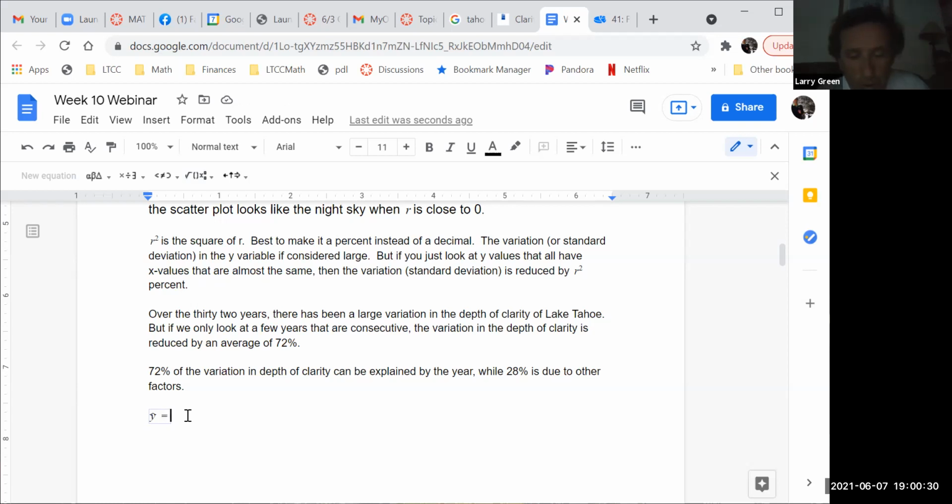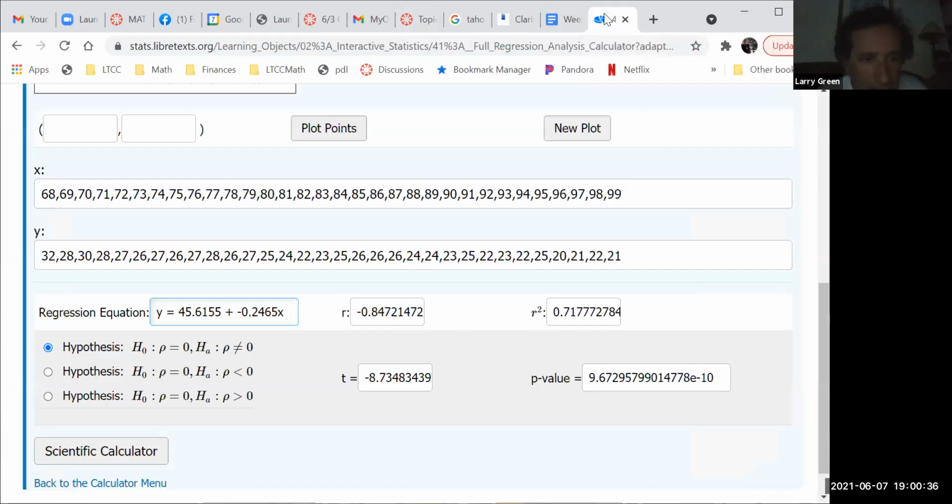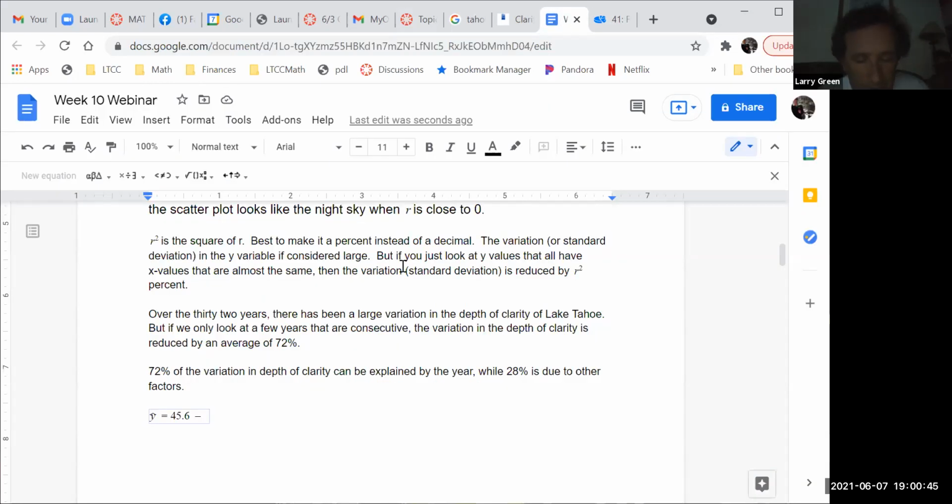And then it was 45.6, if I remember right, minus 0.247 X. And I want to make that bigger because it's very important.